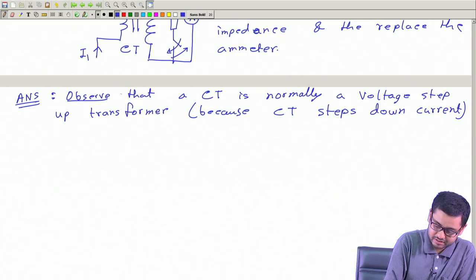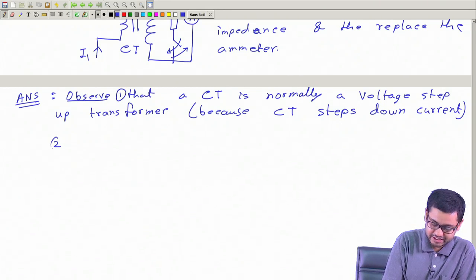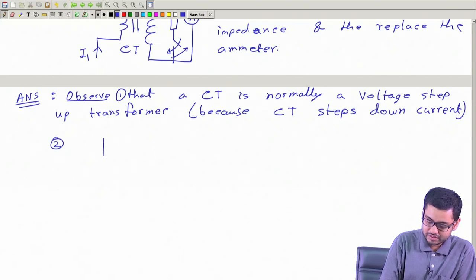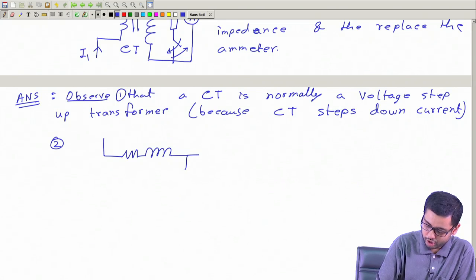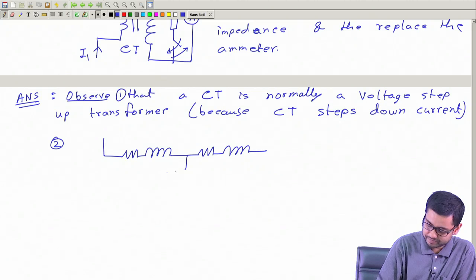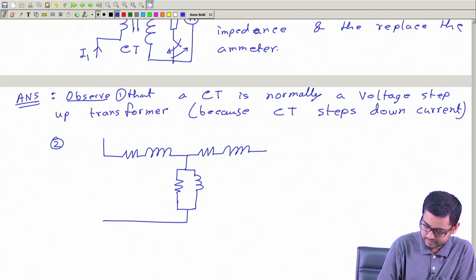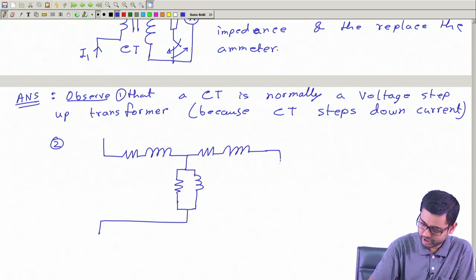Next, the second thing. This is the equivalent circuit of any transformer, also including the CT. Here you can put an ideal transformer.